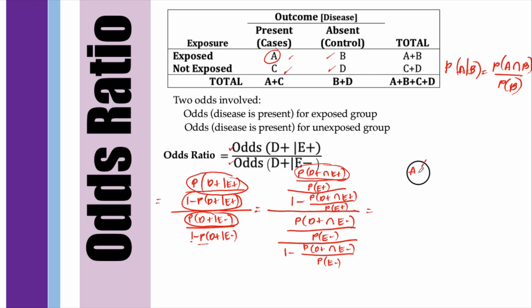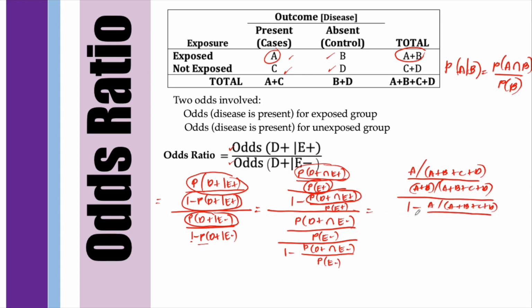So that's A over the total, since that is probability, all over the probability of being exposed, that is A plus B. All over 1 minus this part here, disease and exposed again, we have A over A plus B plus C plus D over A plus B over A plus B plus C plus D.